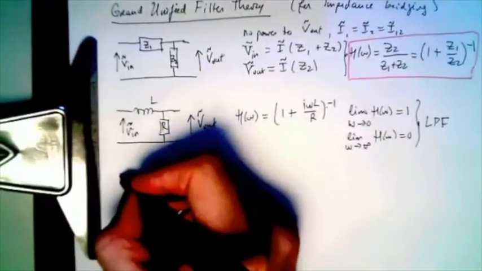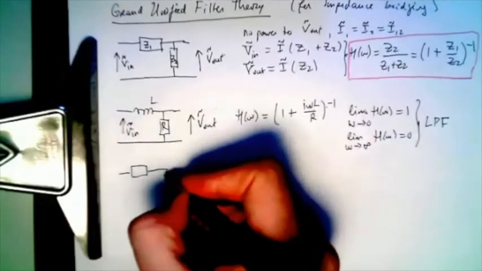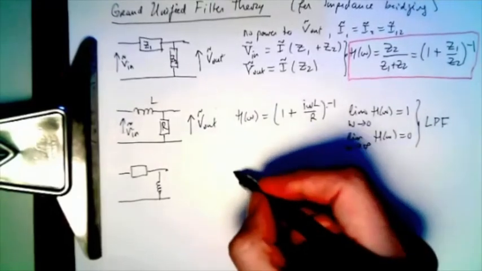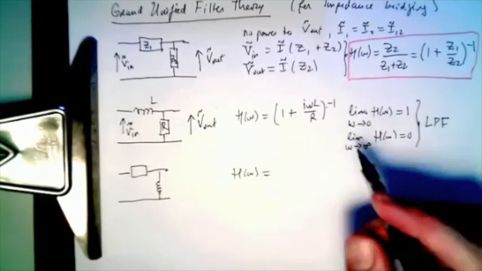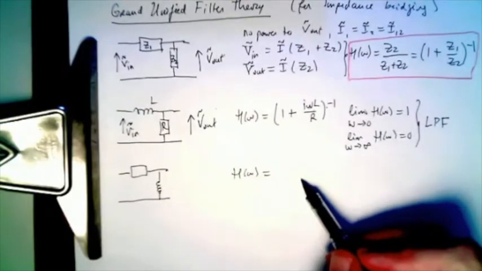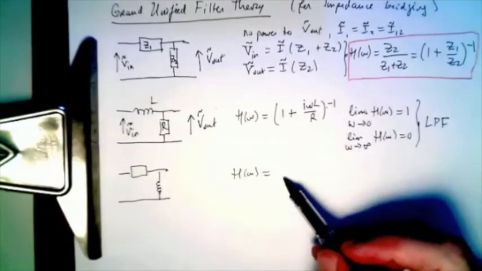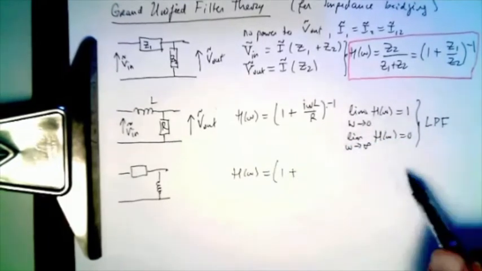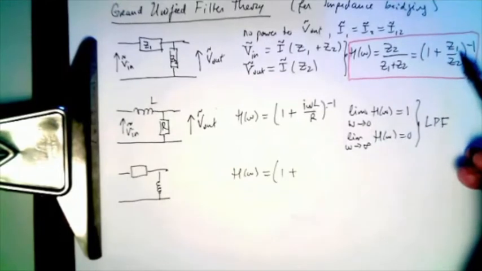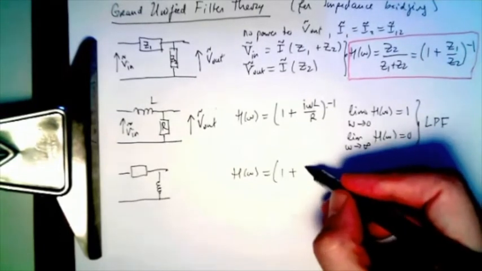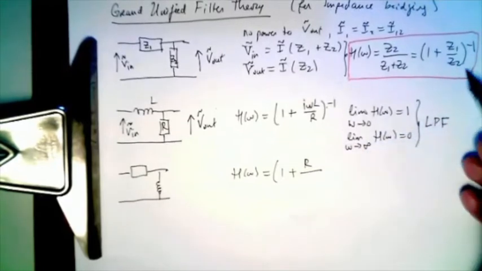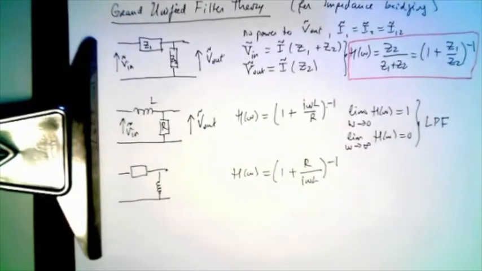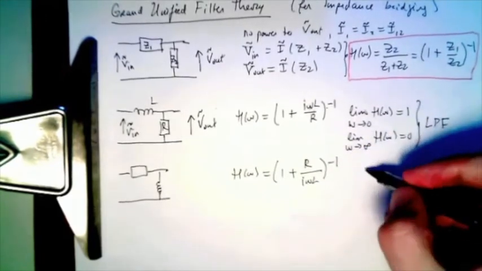All right, take the transpose. We get 1 plus Z1 over Z2, to the power minus 1, where Z1 is the resistor and Z2 is the inductor, i omega L. This does the reverse.